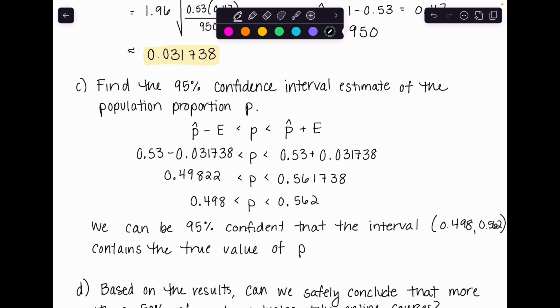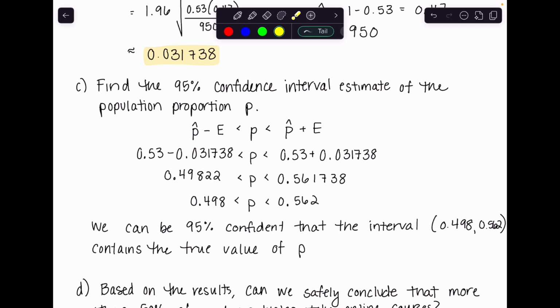You don't want to say that there's a 95% chance the true value of P falls within these two numbers, because P is a true population parameter with a fixed value. It's not a random variable, so there's not a probability associated to that particular number. It's a parameter.